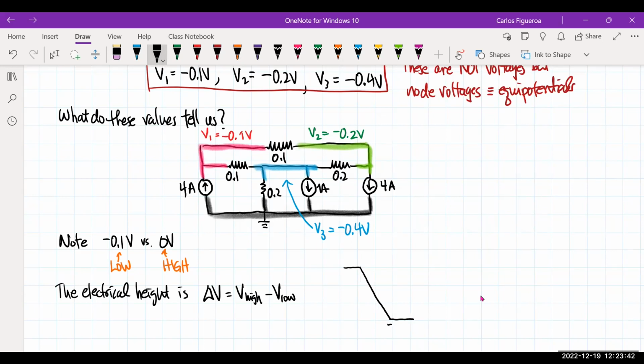So this guy's going to be the negative term, and it's the lowest part. And right here, this low part is 0.1 volt, and that's because that's the low. And if I come up to here, that's the high part. And in this situation, this high part is 0 volts, which is the high.